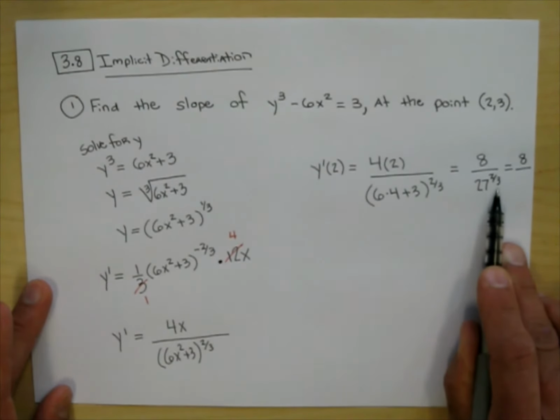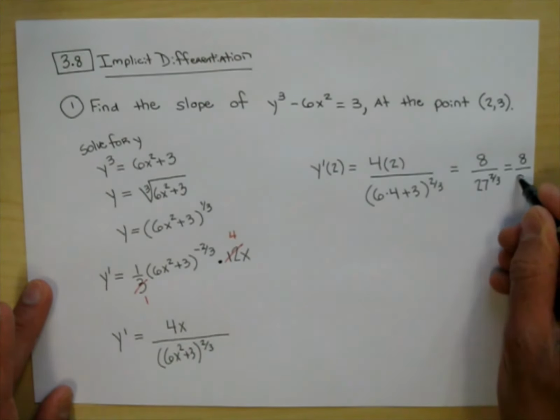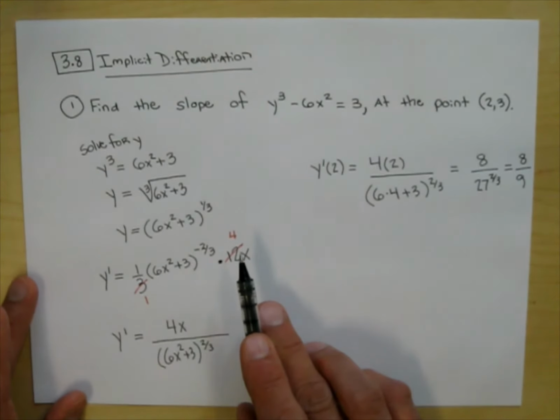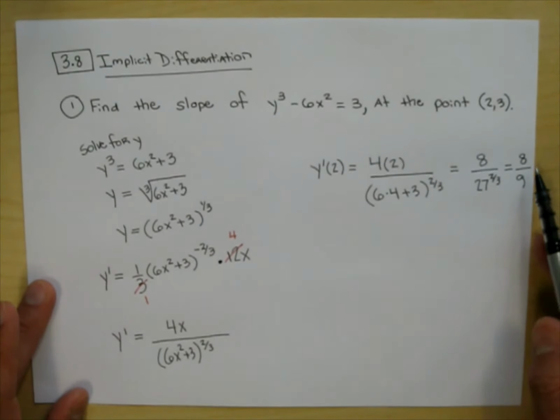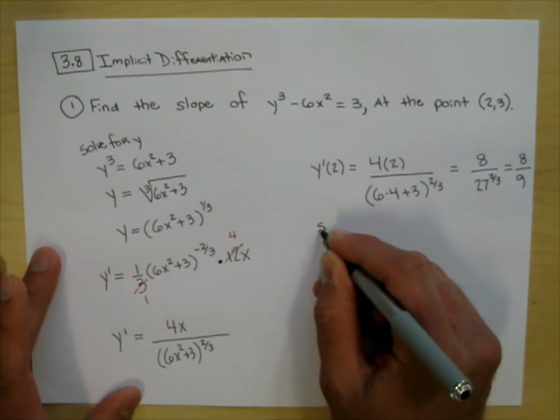Remember that roots grow underground. The cube root of 27 is 3, and 3 squared is 9. So when they ask us to find the slope of this equation at the point (2, 3), we found it. It is 8/9. So I'm going to say 8/9 is the answer.